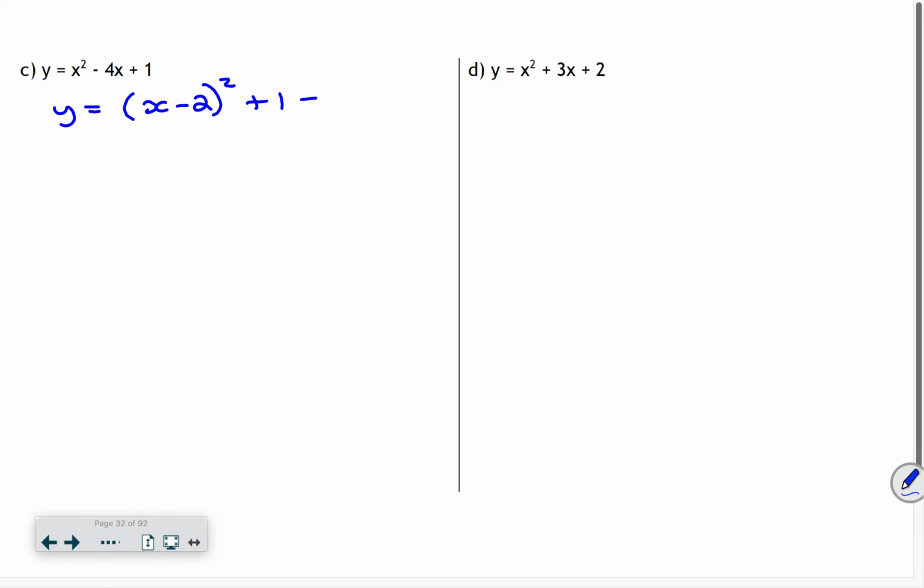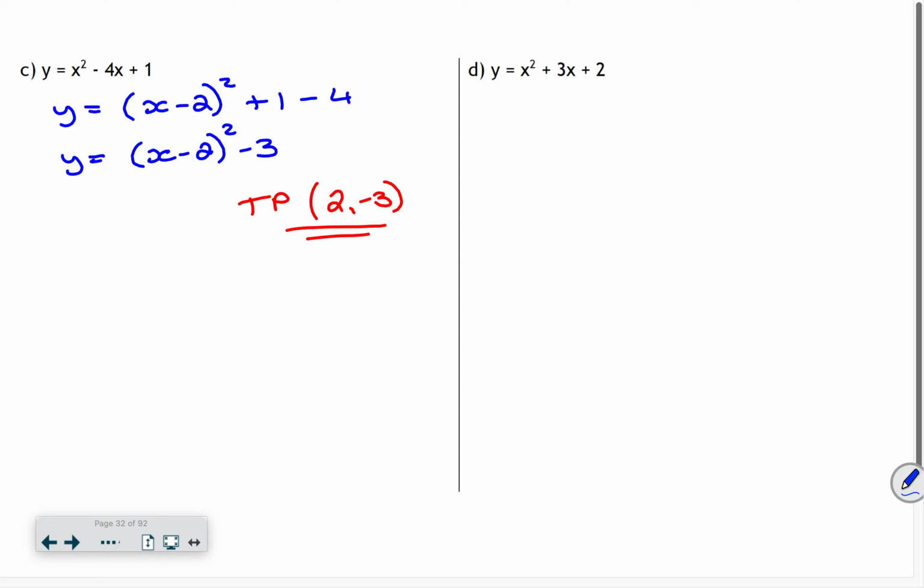Minus 2 squared is 4, so I'm going to take away 4. So that gives me y is equal to (x minus 2) all squared. 1 take away 4 is minus 3. The more you do these, the more you'll get quicker at them, and you'll be able to do them within seconds. So therefore, the turning point, remember, opposite of the number inside the bracket, so it's going to be (2, minus 3).